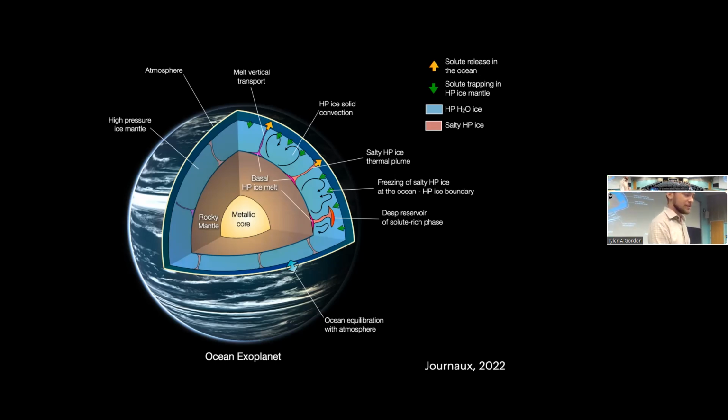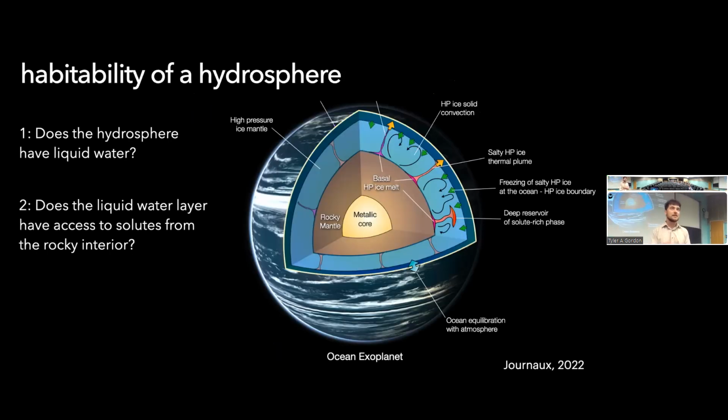So if you're interested in the habitability of a hydrosphere, we have two questions that we want to ask ourselves. So the first one is, does this hydrosphere have liquid water somewhere in its structure? So an environment where life can form and evolve and carry out its functions. And then two, we want to know if that liquid water layer has access to solutes from the rocky interior.